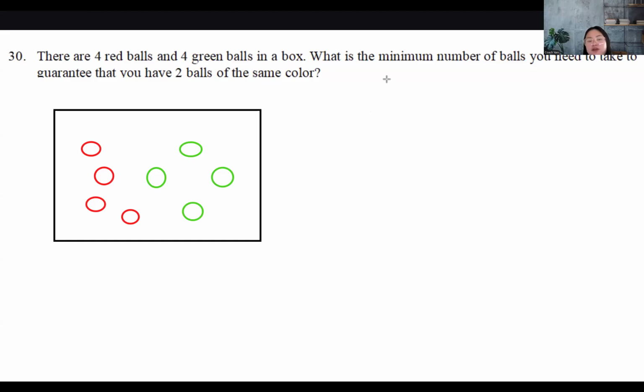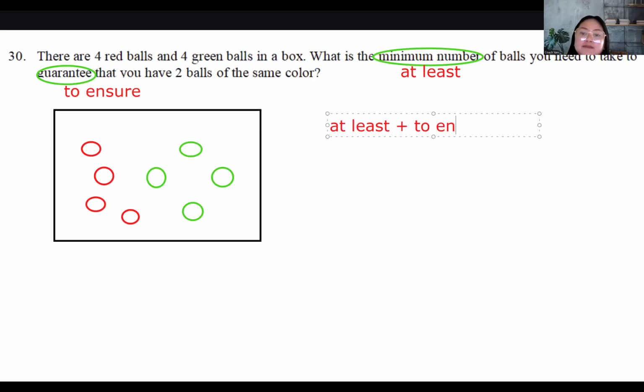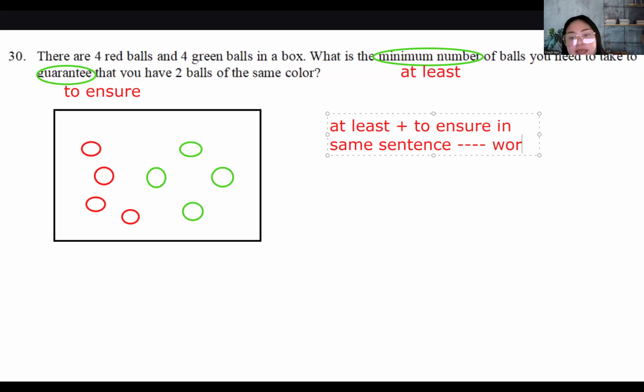of the same color? When you see minimum number or also says at least, that just means the same thing, and guarantee, or also sometimes they use to ensure. So if you have at least and to ensure in the same sentence, then your problem is most likely worst case scenario.